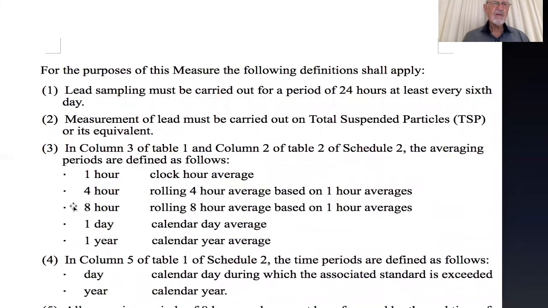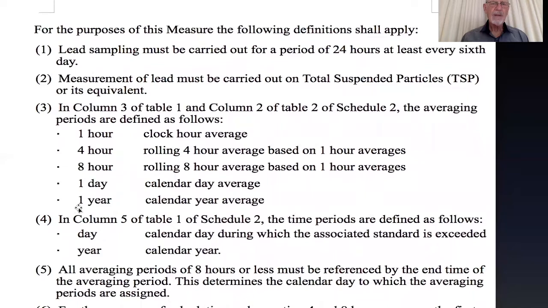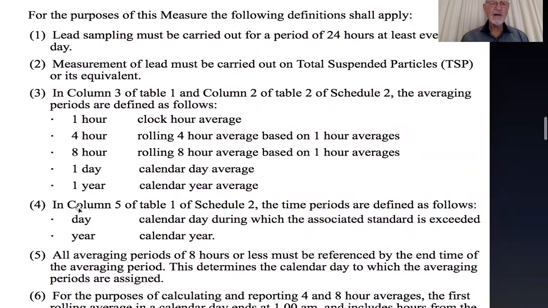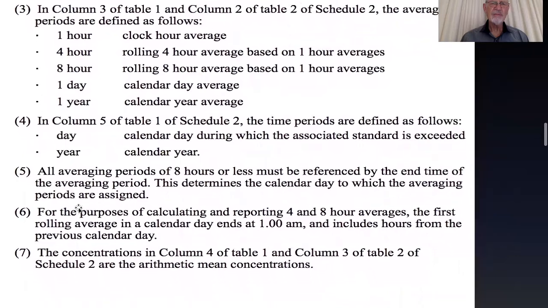And you see that lead sampling must be carried out for a period of 24 hours, at least every 6th day for a whole year. And it talks about what it means by a day average or a year average or an 8-hour average.